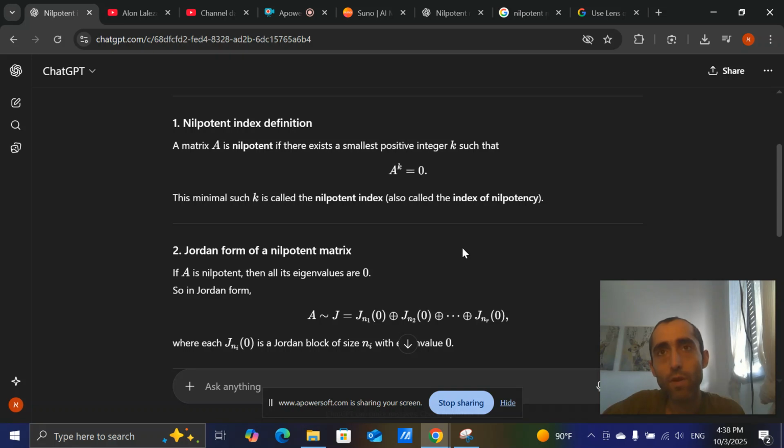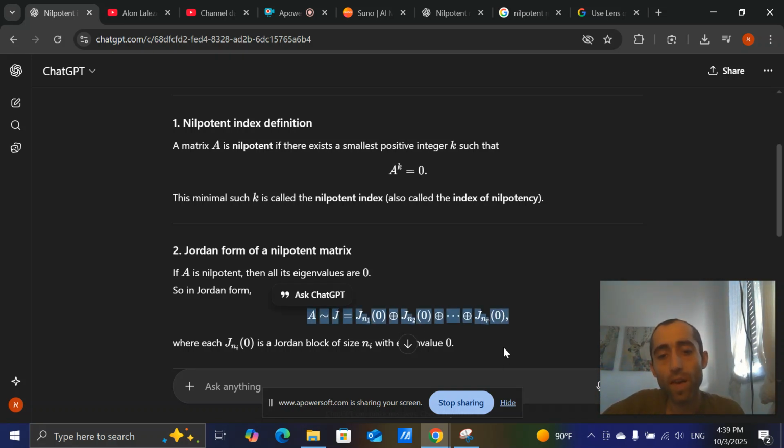For every matrix whose characteristic polynomial can be factored into linear terms, we are guaranteed a Jordan canonical form. Since x to the power n is a product of linear terms, every nilpotent matrix has a Jordan canonical form. So we can look at the Jordan canonical form.